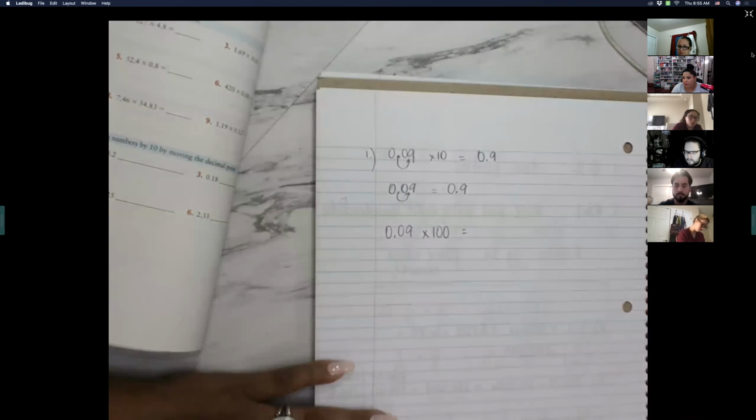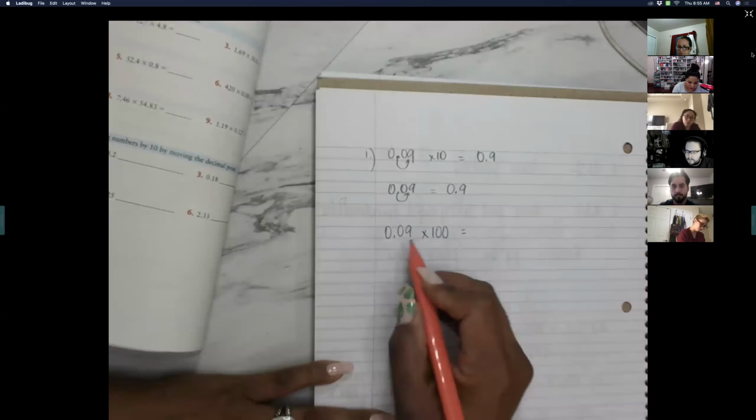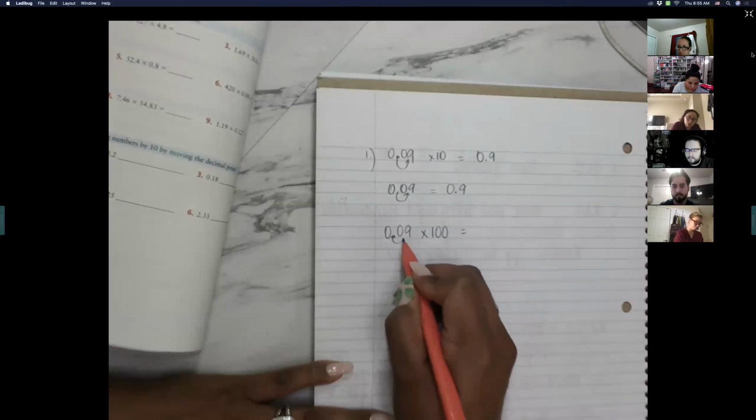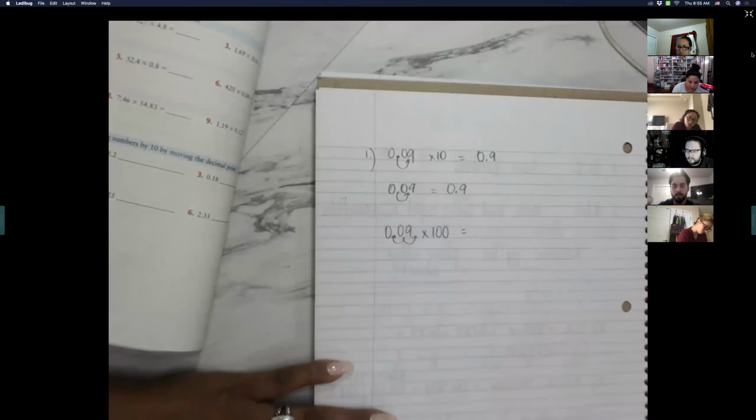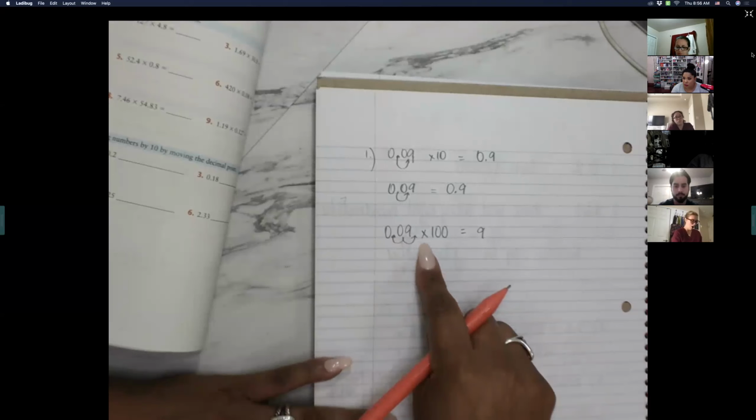What's my answer? 9. Perfect. So I have 2 zeros to the right of my 1. So I take my decimal place and I move it 2 places to the right, and that gives me 9. So either way, whatever works for your brain, if putting in the calculator and being able to keep track of it that way is what works, do it. If knowing how to just move your decimal place is what works for you, then do that, okay?